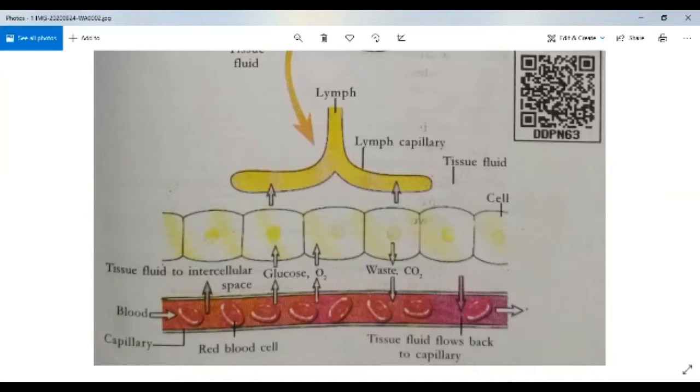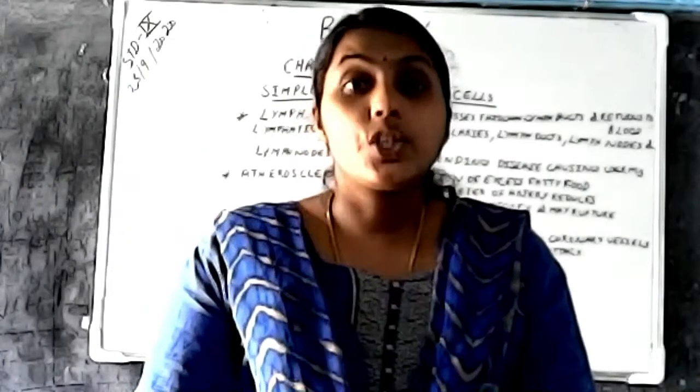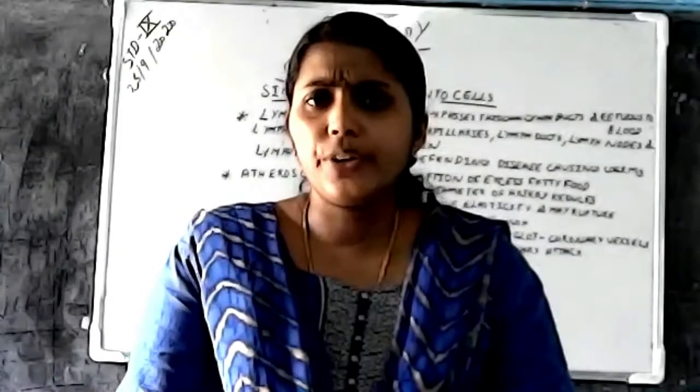From the cell, the waste and the carbon dioxide move to the blood capillaries and the blood, and from the blood they are transported to the waste removal parts of the body. So this is the exchange between tissue fluid and the cells. Is it clear for you?